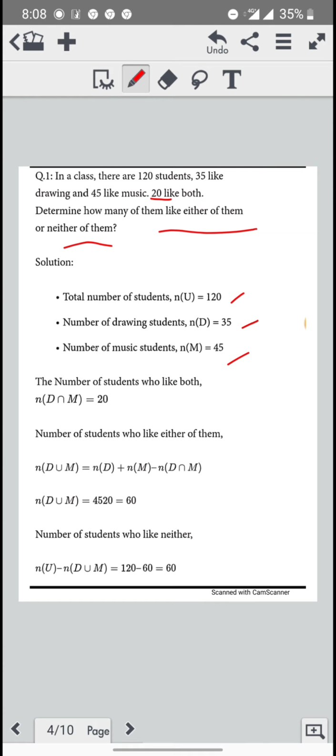Number of students who like neither, that is n(U) minus n(D union M), n(U) is equal to 120 minus n(D union M), that is 60. 120 minus 60 is equal to 60.